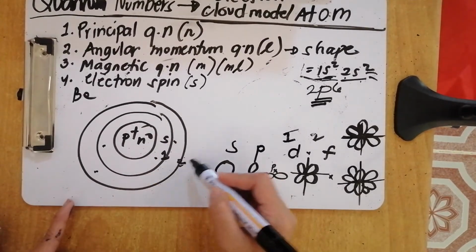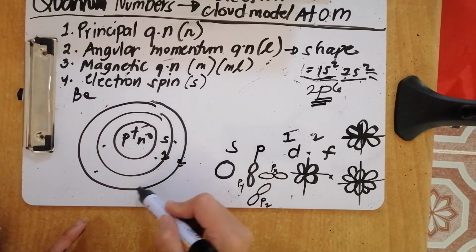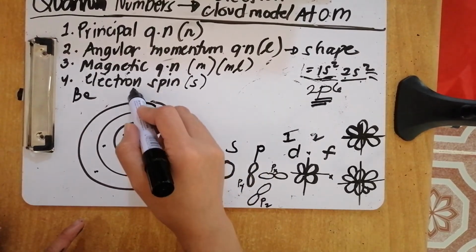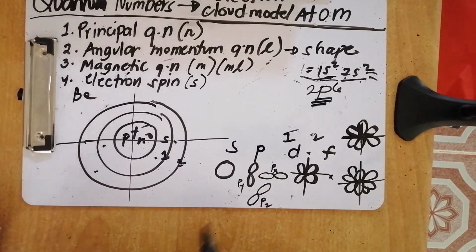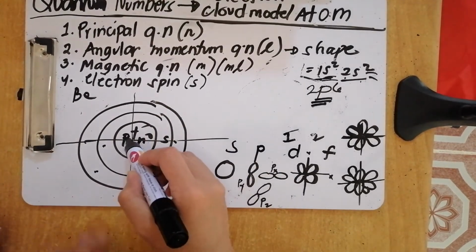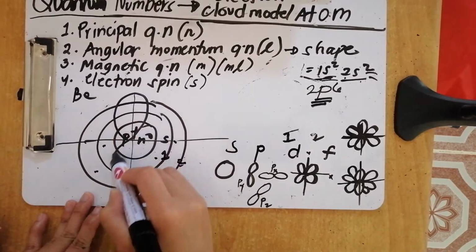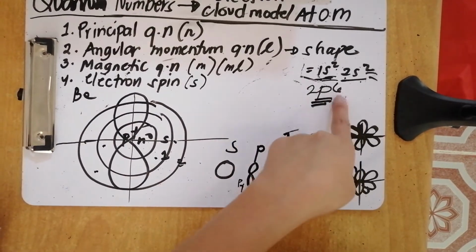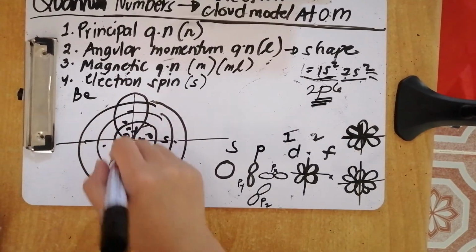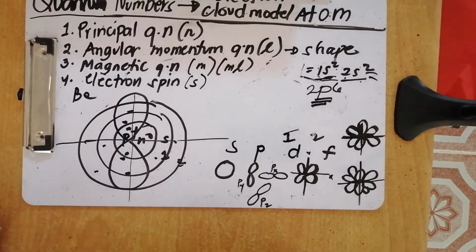So on the same energy level, let's assume there is this axis over here. There is P on the same energy level. And inside that P, there are 6 electrons. 1, 2, 3, 4, 5, 6. I cannot really pinpoint where they are located.